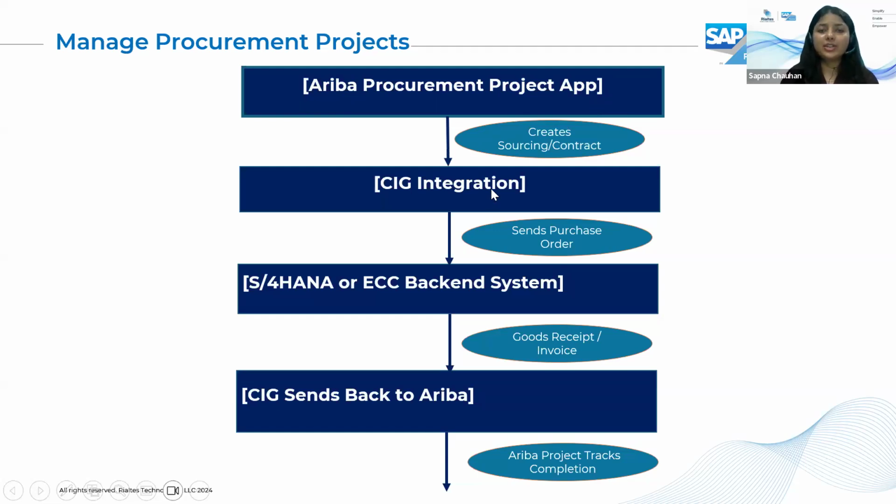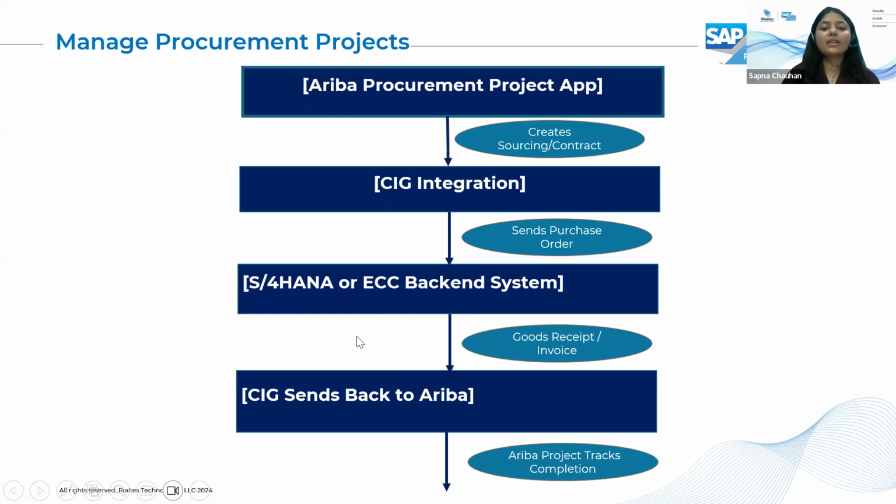Then comes CIG integration, then the SAP backend system. Here CIG works between your Ariba application and your backend system. CIG acts as a bridge. Then CIG sends data back to Ariba.